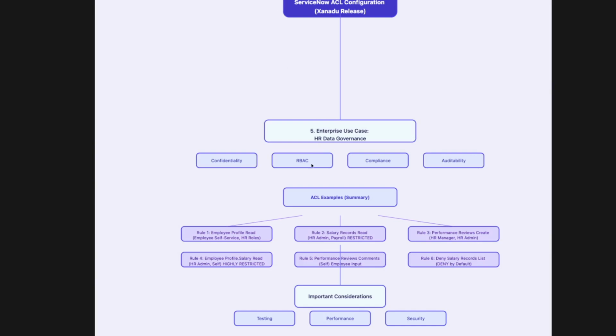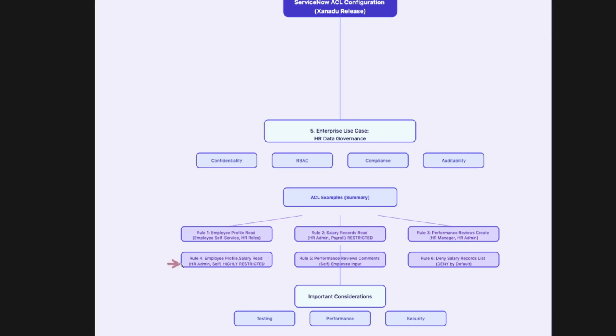So here you can see that in the enterprise use case, we have rule 1, which is the employee profile read, and also rule 2, which is the salary record read, and third one is performance review create. So this is a read, this is a create, this is a read.